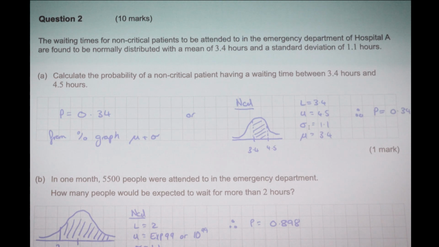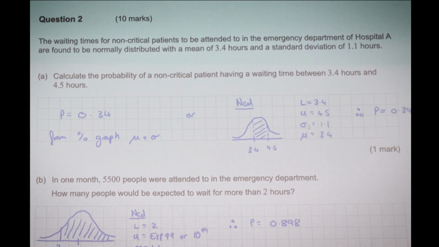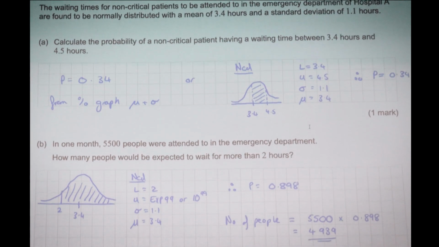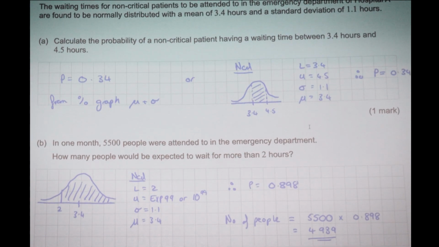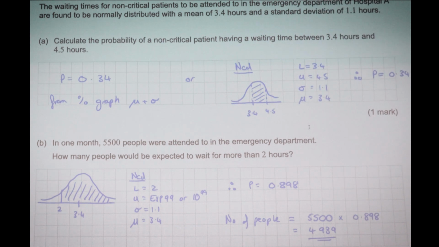Question 2. So question 2 is a question on normal distribution. You can see here that the standard deviation for this example is 1.1, so we're looking for between 3.4 and 4.5, so it's really just one standard deviation.